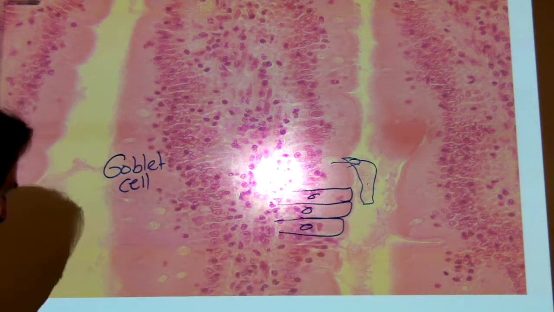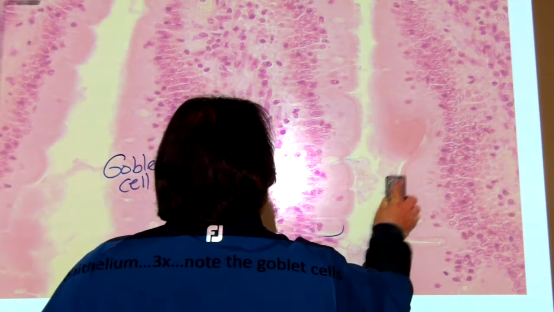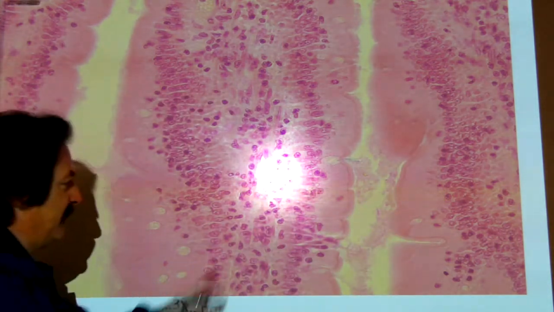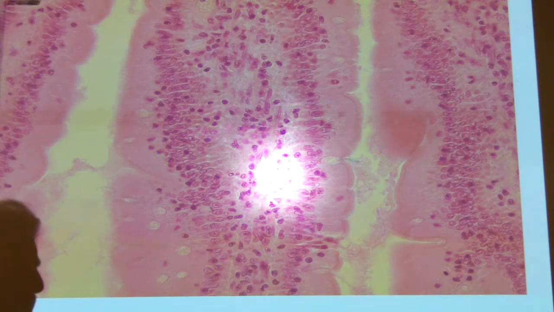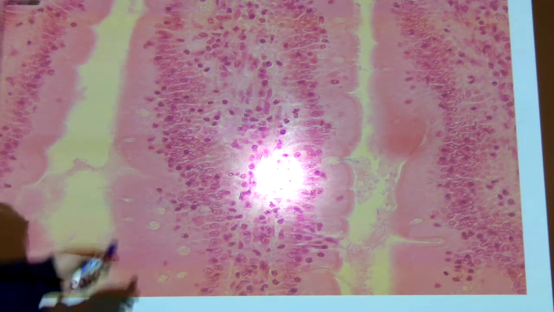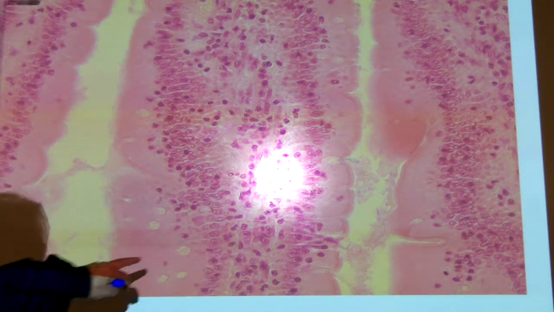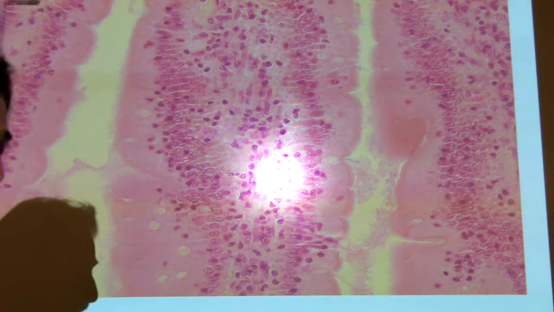Now, why would you want mucus lining the little alveoli of the intestine? Well, one, it helps trap food particles that need to be absorbed. And number two, slightly protective. Remember, food coming out of the stomach into the intestine is very acidic. So if this were the duodenum, you would see a lot more goblet cells.